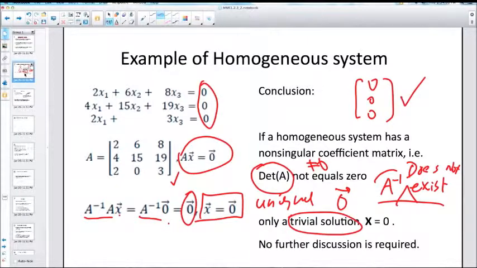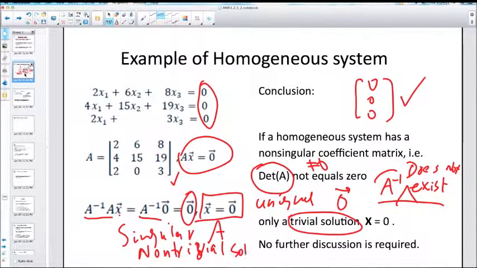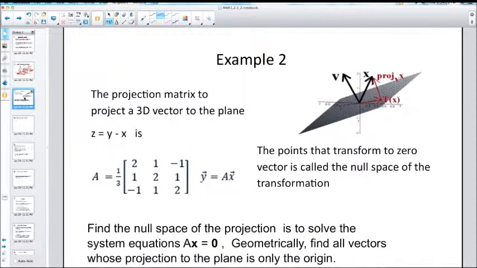Trivial means not interesting. What we are looking for is the situation with singular A and non-trivial, or say non-zero, solutions. That's what I'm looking for. Let's start from an example.